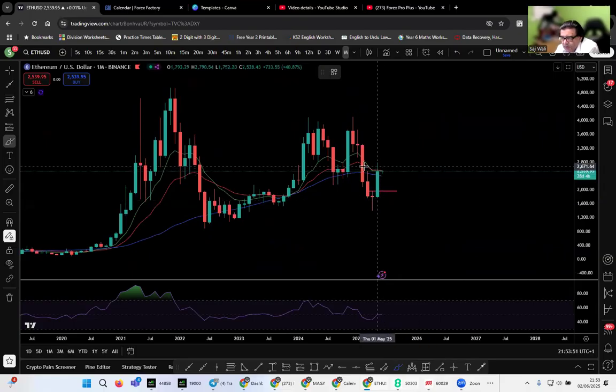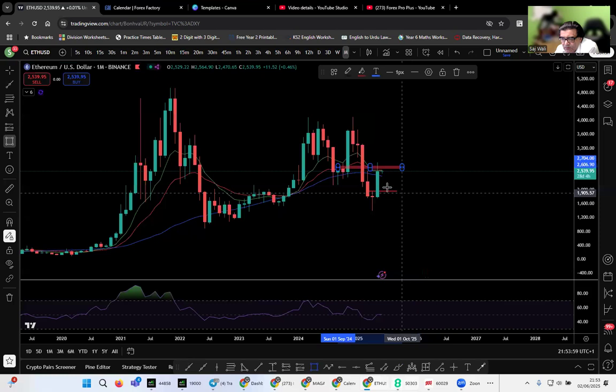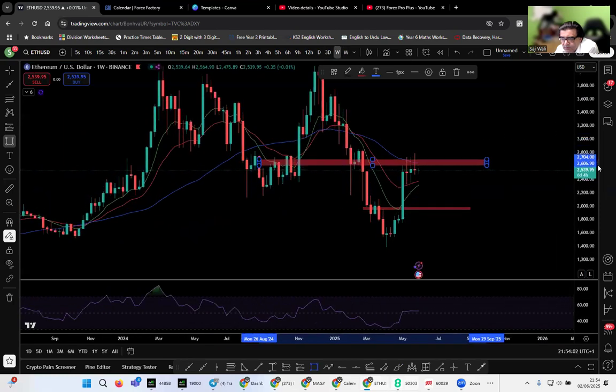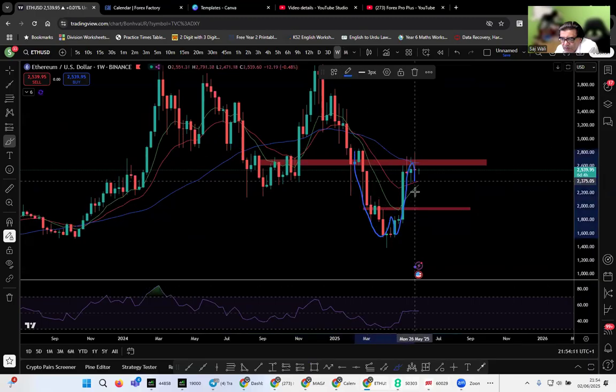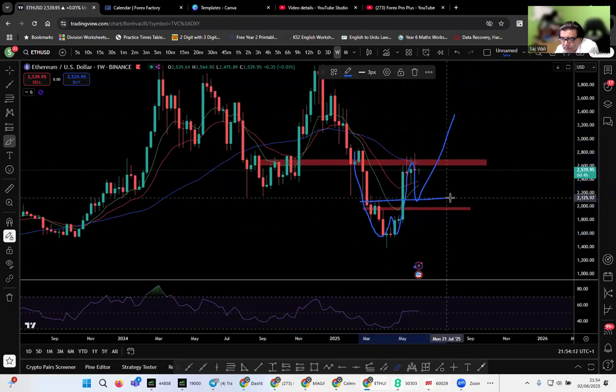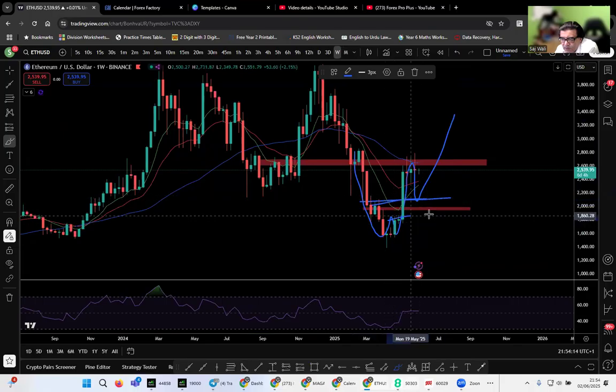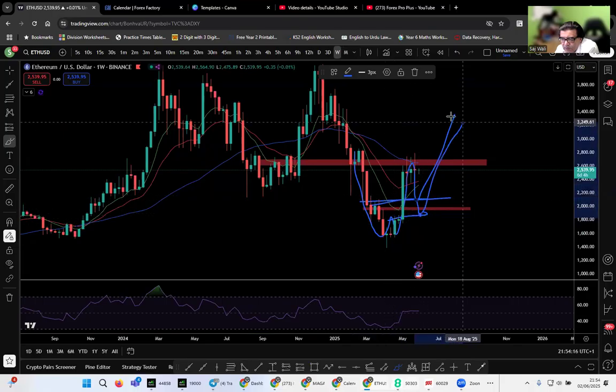As per analysis, we have this rejection from here. That's monthly, and in weekly you see a similar situation here as well. Also, we have an M pattern here, so we can see a test up to here, in fact.